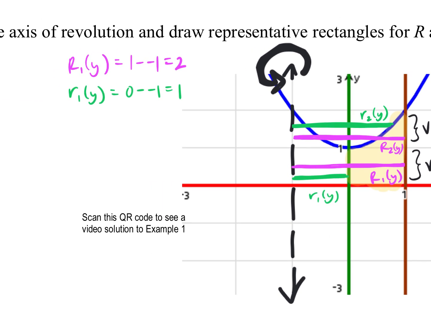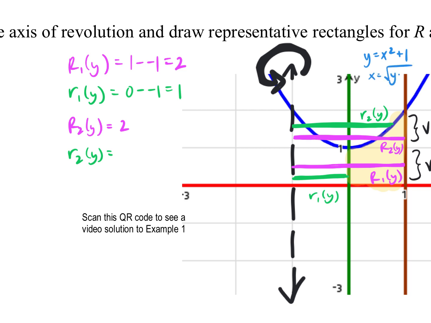So big R2 is the same thing. Little r2 is different. So little r2, my farthest right curve, is this equation right here, which is x squared plus 1, right? But if we are integrating with respect to y, what is that curve actually in terms of y?